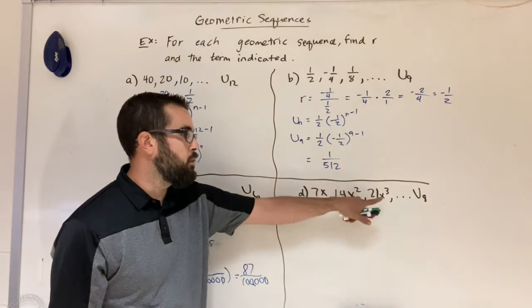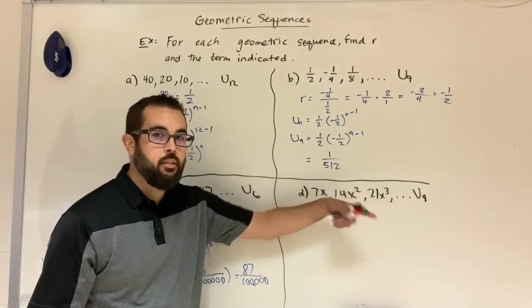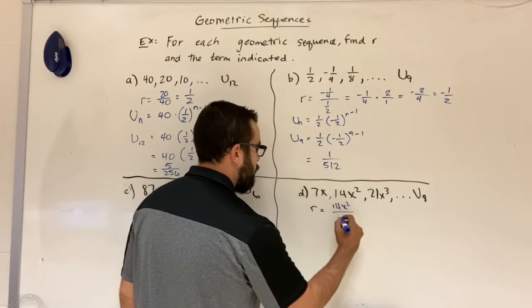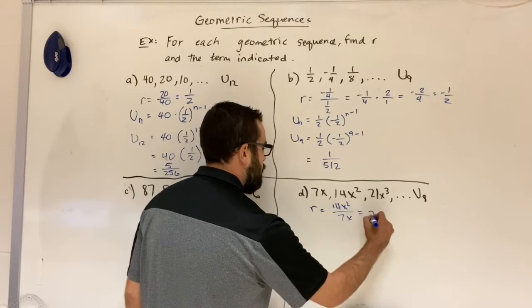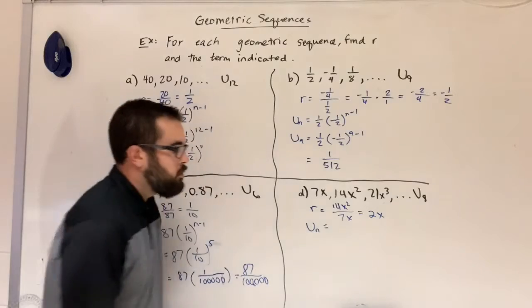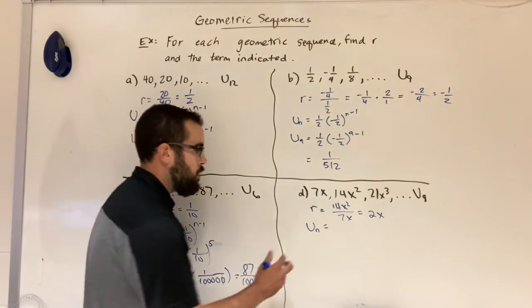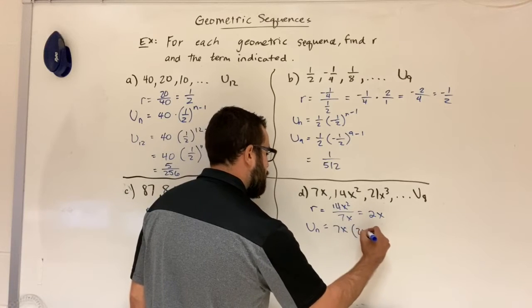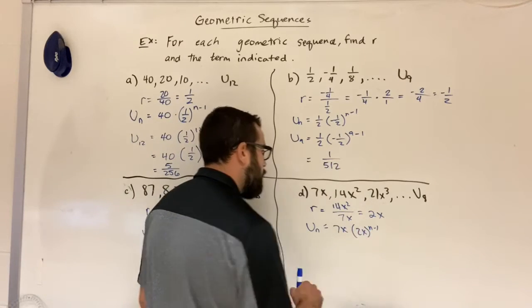To go from x squared to x cubed, you multiply by x. If you didn't see that, you can do 14x squared divided by the previous term, 7x, and you get 2x. So the general formula would be u sub n is equal to 7x times 2x to the n minus 1.